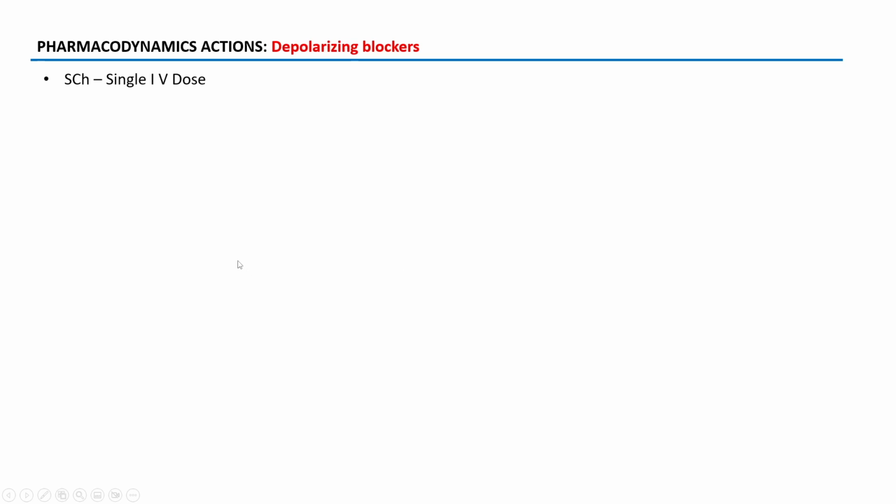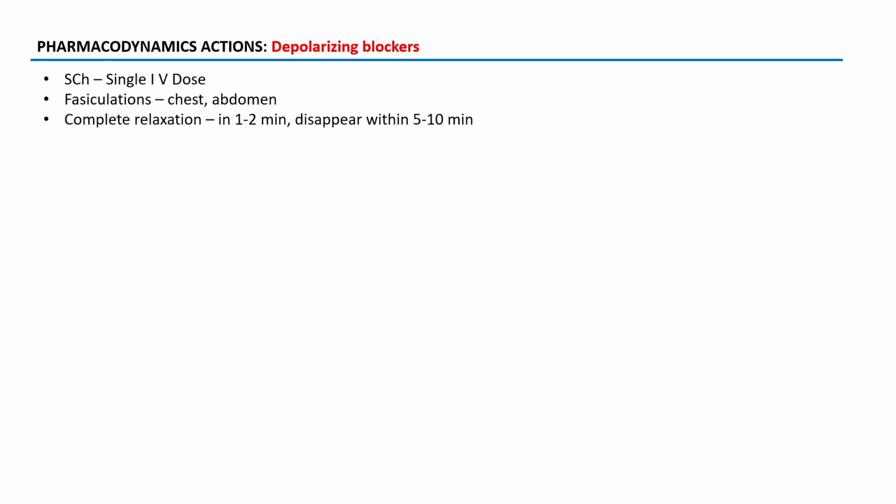Coming to the succinylcholine pharmacodynamic actions, it is mainly given as a single IV dose. There will be fasciculation, which can be seen in the chest as well as the abdomen. There will be complete relaxation in 1 to 2 minutes, and the action will disappear within 5 to 10 minutes because it will be degraded by the plasma cholinesterases, and only a small amount of drug will be at the synaptic cleft.